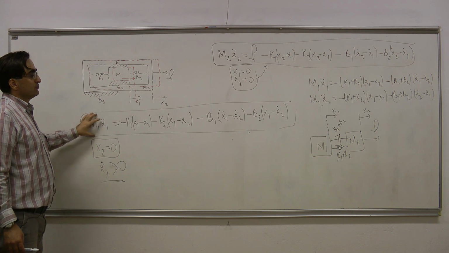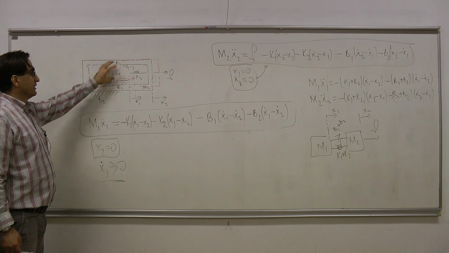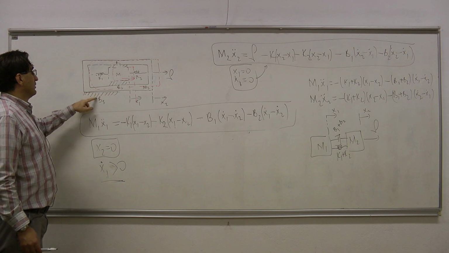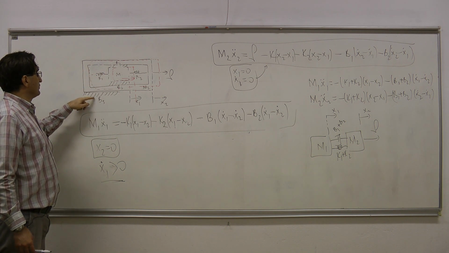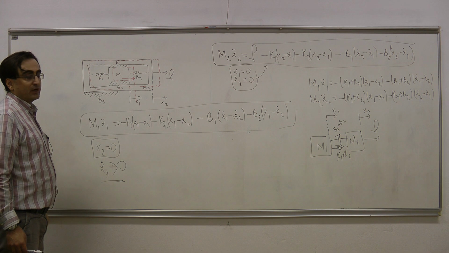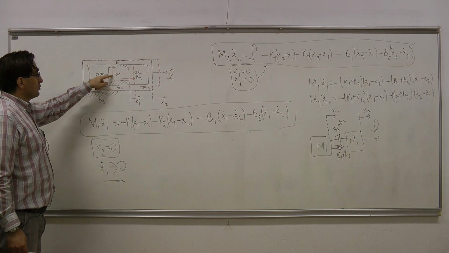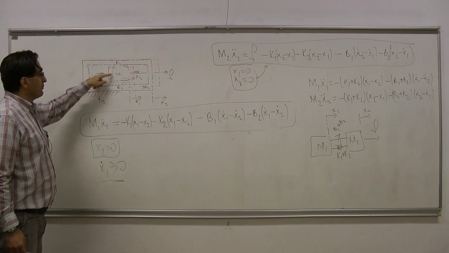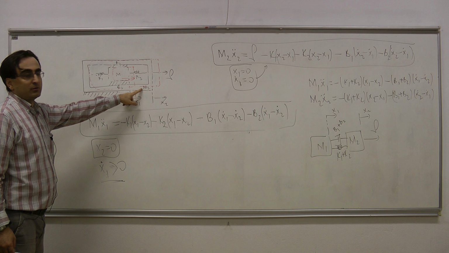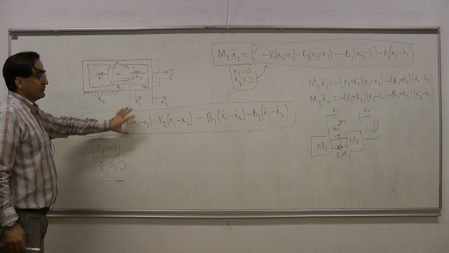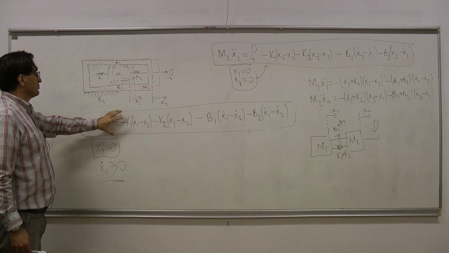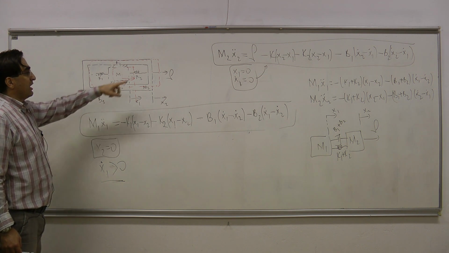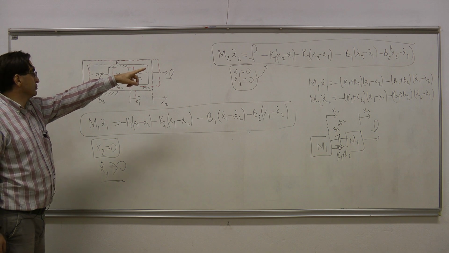So this equation would remain the same, because there is no effect of this B3 on M1 directly. The effect of this friction appears on M1 only through M2. Therefore, the M1 equation will not contain anything related to B3. B3 is only going to appear in the equation of M2.